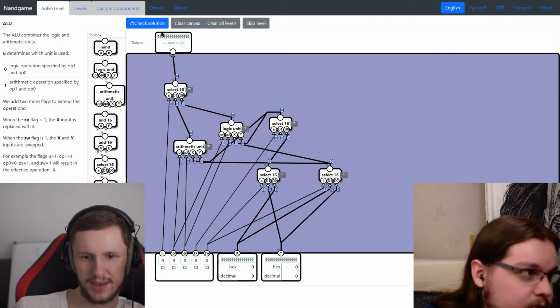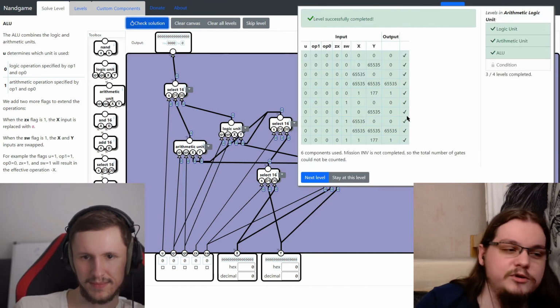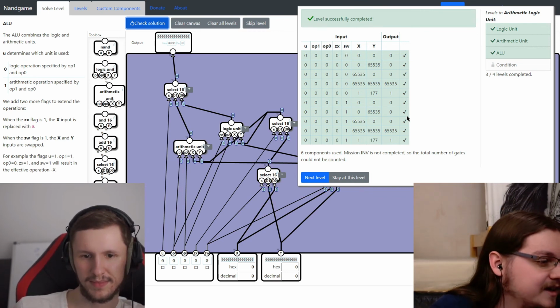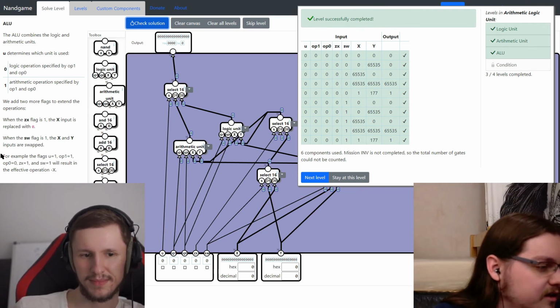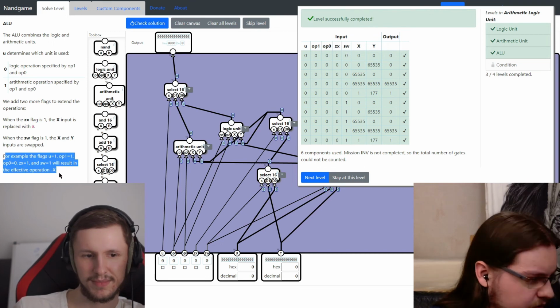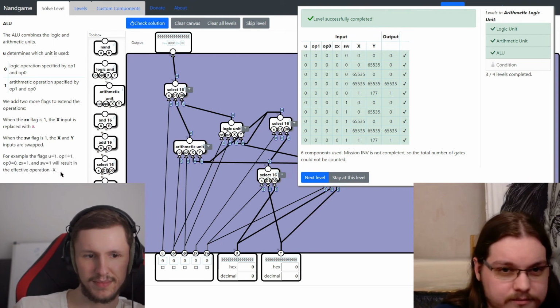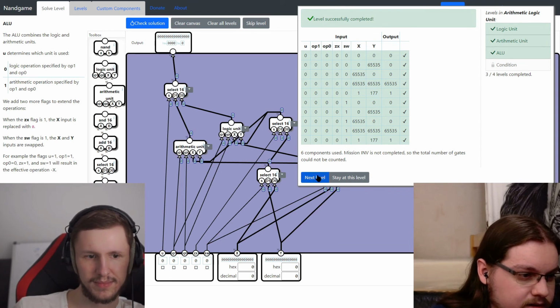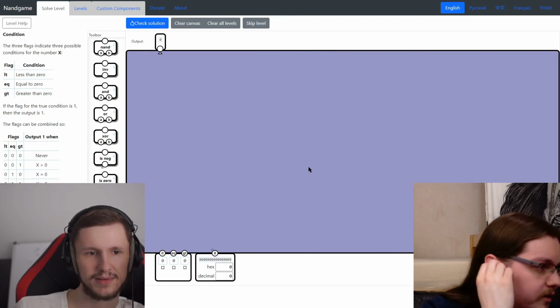This looks messier, but I hope this is correct. Yep. So I just misunderstood the order in which the flags go. Which, honestly, because this is the one bit of text that actually explains which order the flags go in, and it's not intuitive. Like, at all. I'm sorry. It's just not. It really is not.